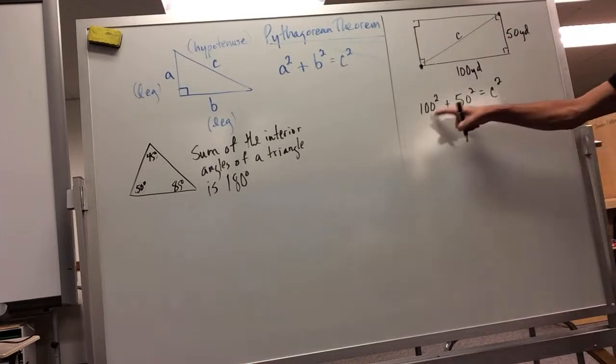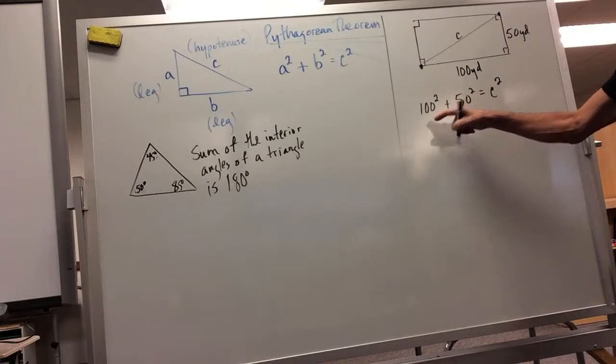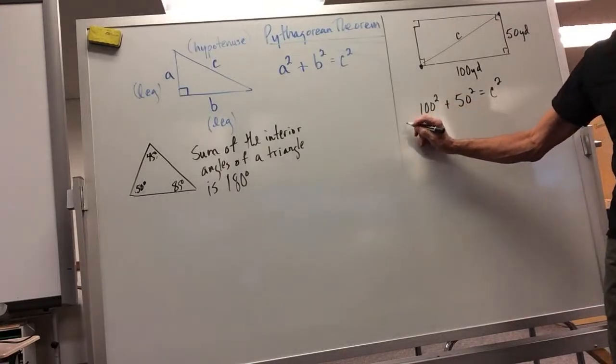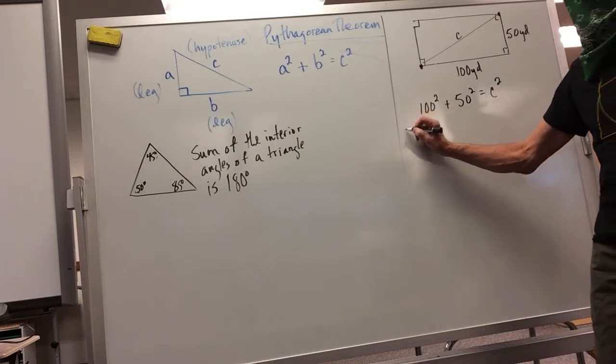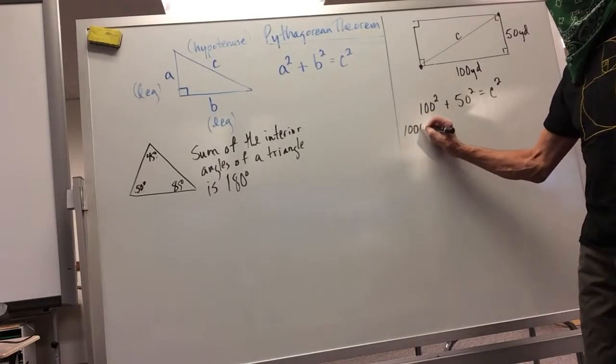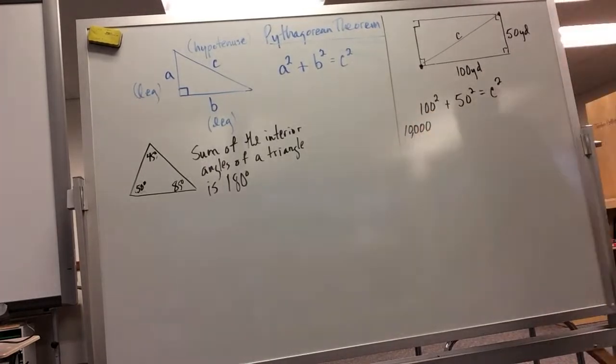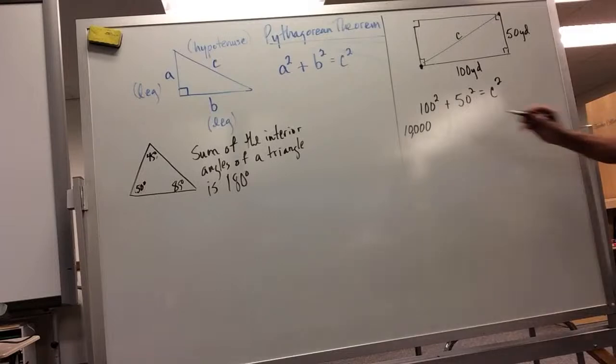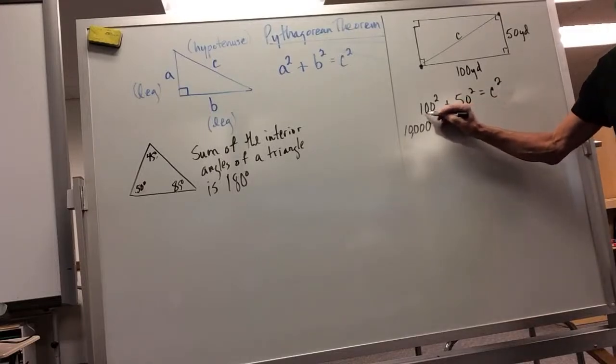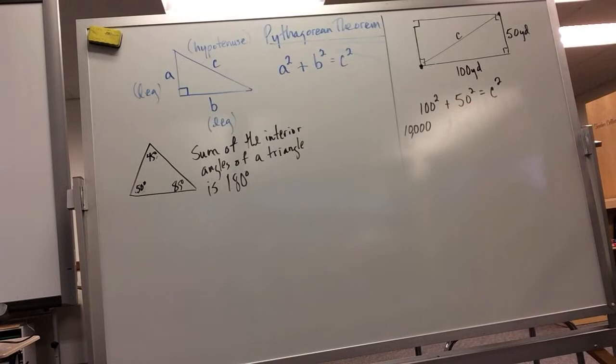So what's 100 squared? 100 times 100. 10,000. 10 times 10 times 10 times 10. 2 place values in the 100 multiplied by itself is a total of 4 place values after the 1.